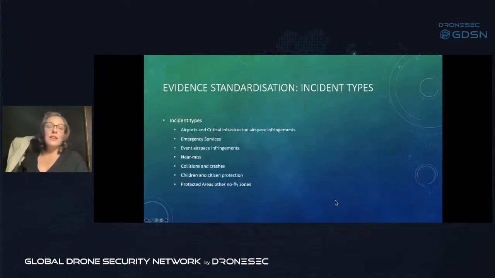Other things we've standardized are the incident types. Now, what I mean by incident types here are basically the incursion types, let's just say. Now, I've categorized these very high level here, 7 of them at the moment, and we actually collect about 17 different types.